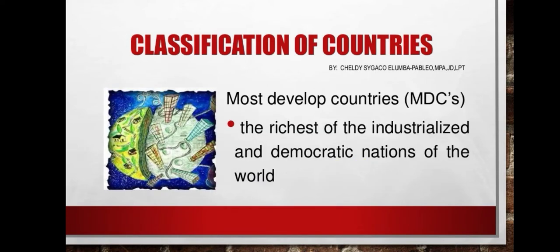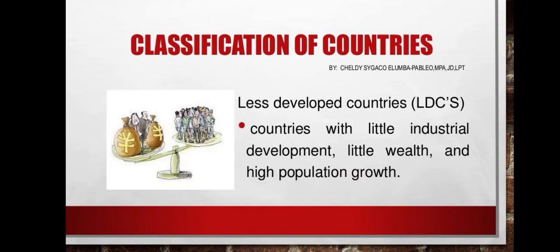Let's discuss the MDC, which is the richest of the industrialized and democratic nations of the world. So these are the most advanced countries. The second one is the LDC, or less developed countries: countries with little industrial development, little wealth, and high population growth.